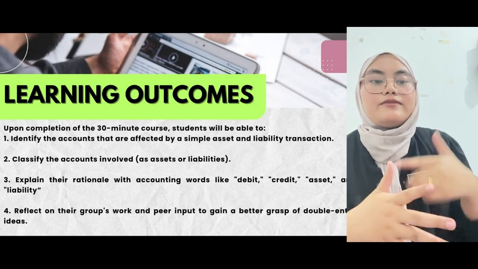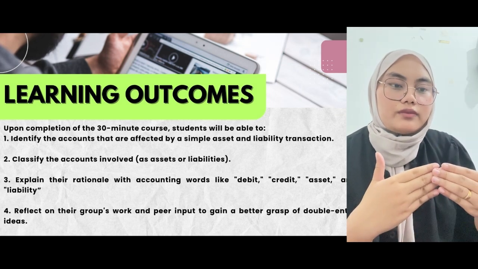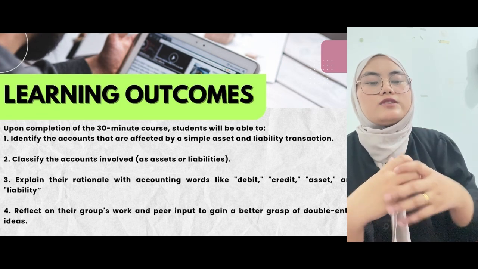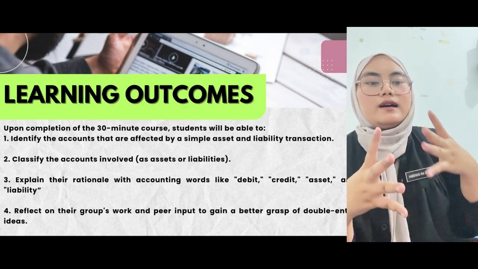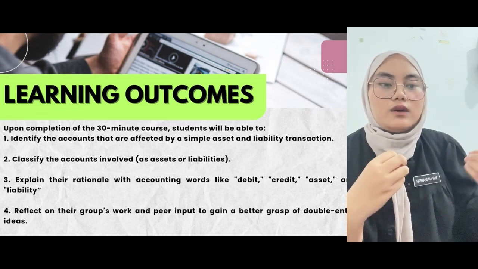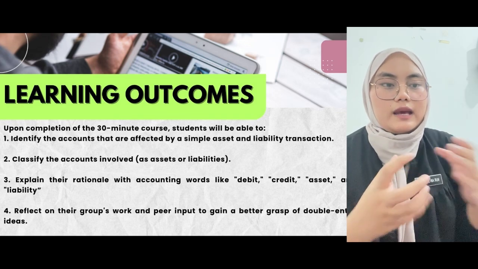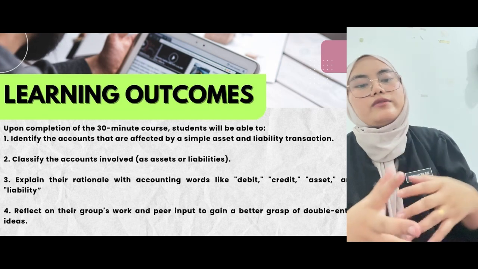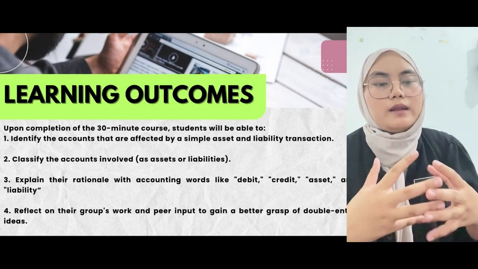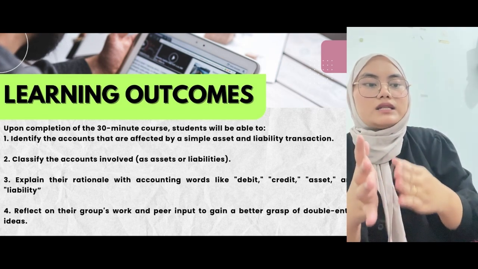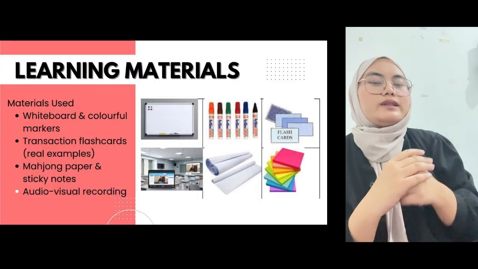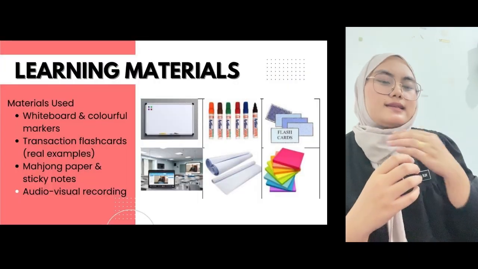Secondly, to classify the accounts involved as asset or liability, and explain their reasoning with accounting words like debit, credit, assets and liabilities. They can also reflect on their group work and peer input to gain a better grasp of double entry. And the learning materials that I will use in this class.